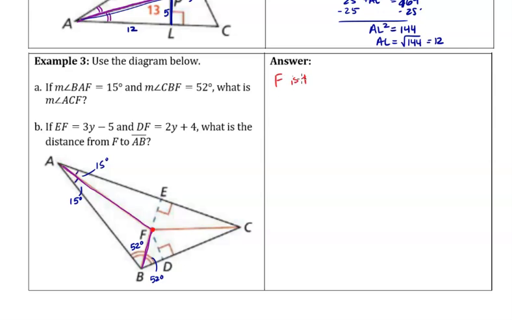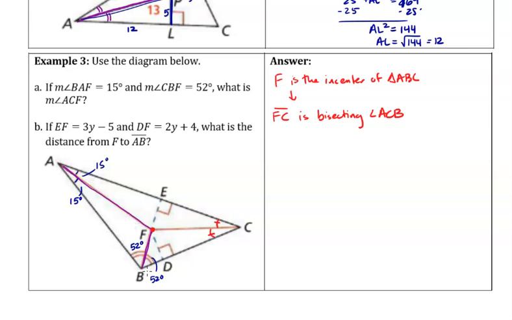F is the incenter of triangle ABC, which would tell me that segment FC is bisecting angle ACB, right? Because FC must be the third angle bisector in our triangle. So this angle is congruent to this one.